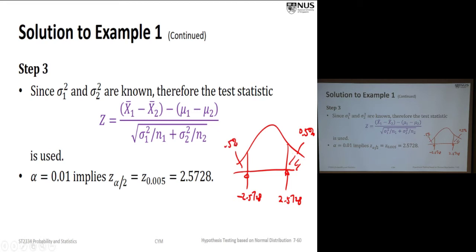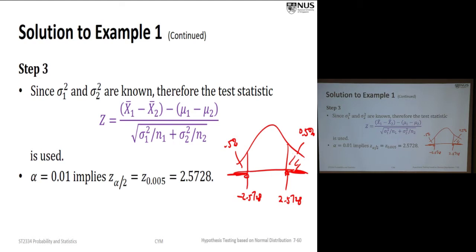Because it's a two-sided alternative, we have to prepare for the test statistic being very big, so it falls over this region, and also very small, so it falls in the other region. So I make sure that I cover both sides. But the total probability of committing a type 1 error is only 1%.